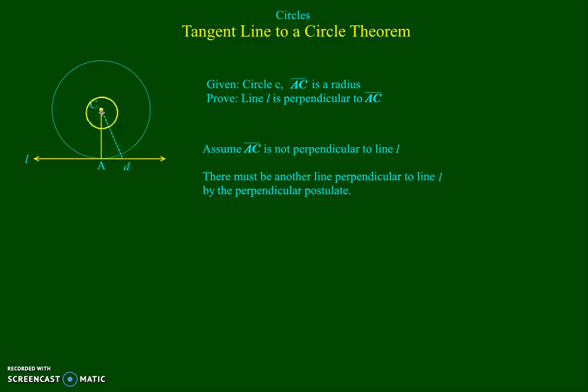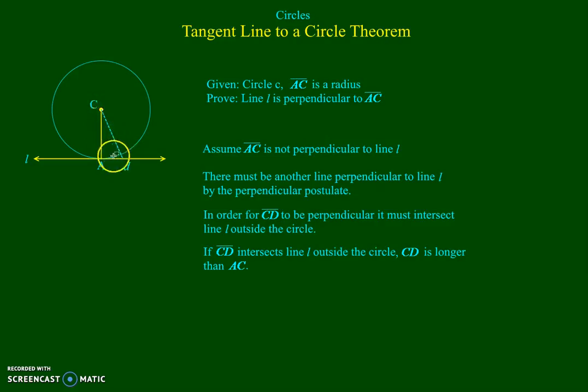Now you can see that this line intersects the segment outside the circle. So in order for this to intersect this line, it must intersect outside the circle, and therefore this segment has to be longer than this segment.